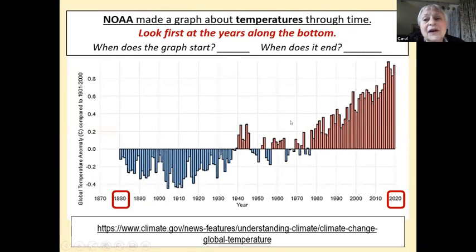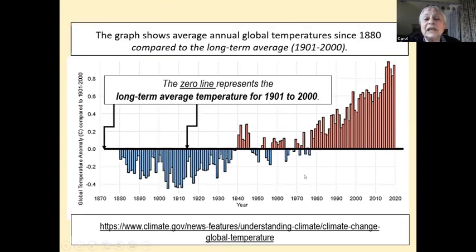This is a little bit hard, and I think sometimes things are controversial because they're complicated. If I can just step you through this graph, notice that it starts in 1880 and it ends close to present. And we've got some blue bars and we've got some red bars, and we'll see what those mean.